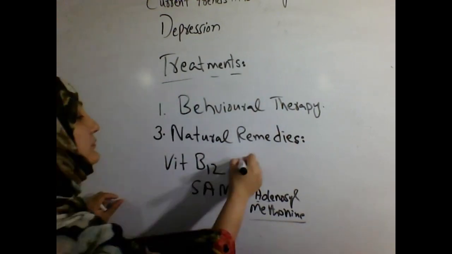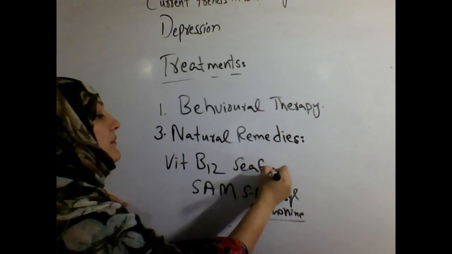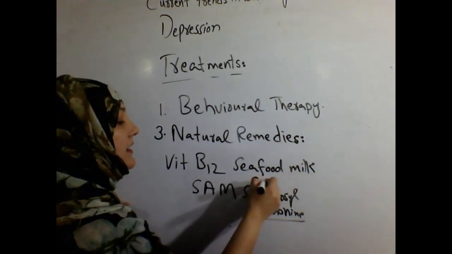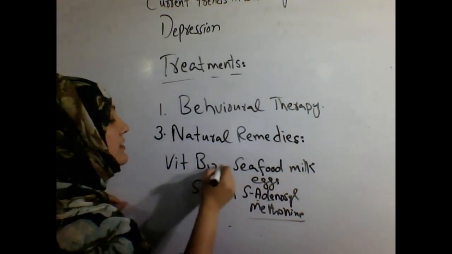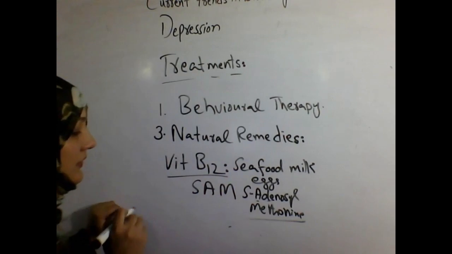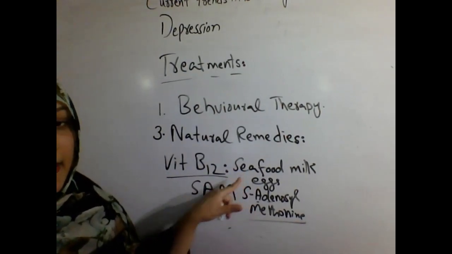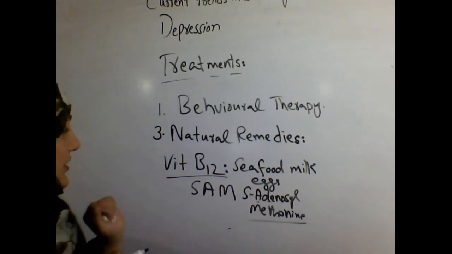Seafood, milk, and eggs are rich in vitamin B12. So by using these natural remedies, we can get rid of depression.